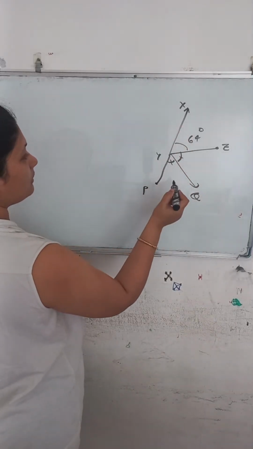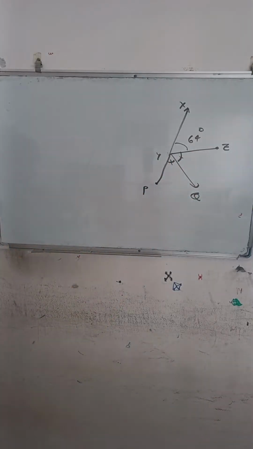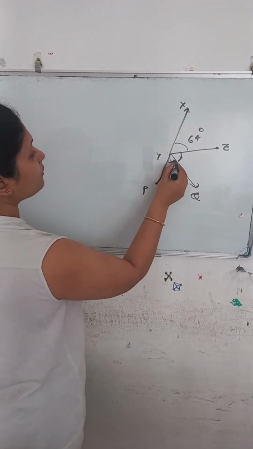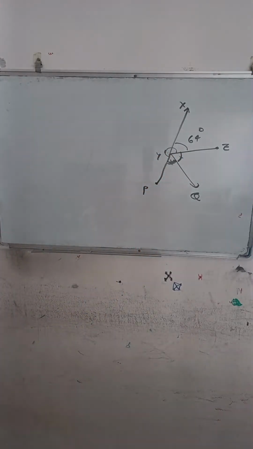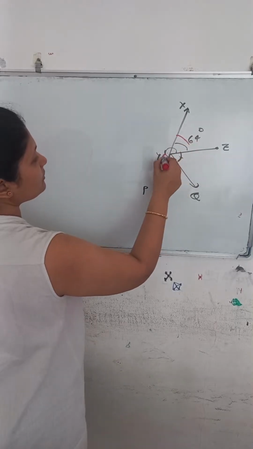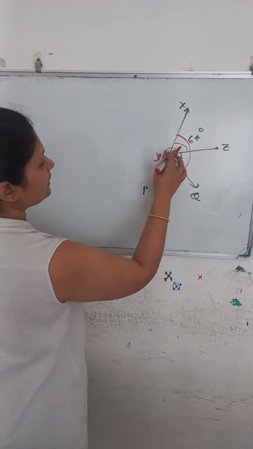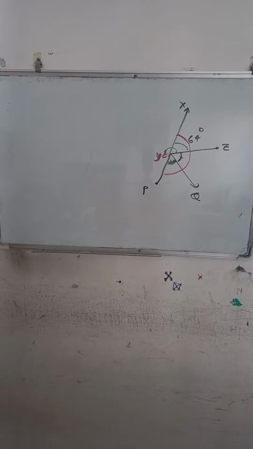X, Y and Q. And reflex of QYP means QYP. First I want to find out this angle, then I have to find out the reflex of it. So it's very easy now. First I will show you with another pen. Here angles XYZ, ZYQ and QYP are in a straight line. That means their angle sum is 180 degrees.